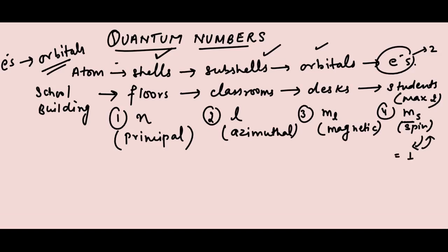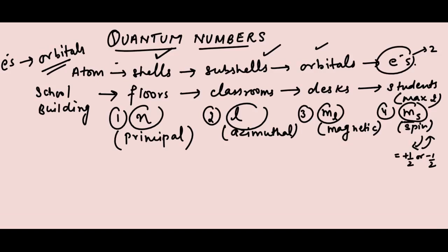That means it can have the value plus half or minus half. Plus half is the value when it is spinning in the clockwise direction, and minus half is the value when it is spinning in the anti-clockwise direction. So these four quantum numbers give you the complete information about the location of the electron.